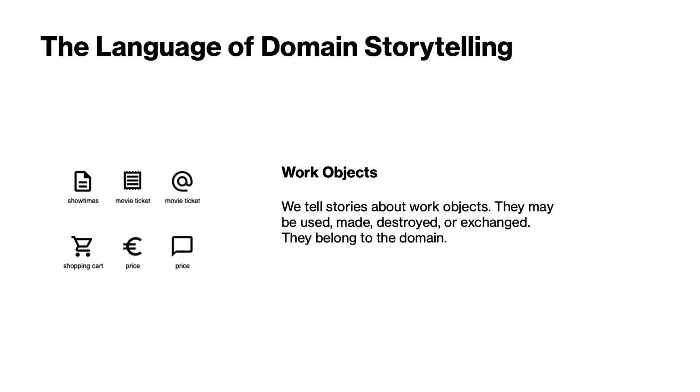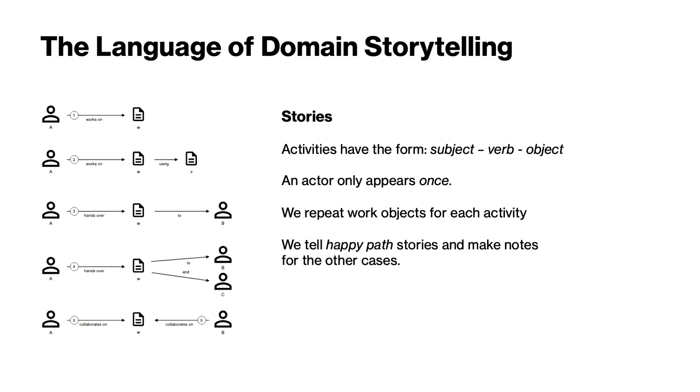Work objects, so you still tell stories about things, right? And they can be used, destroyed, exchanged, and generally they're part of the domain, right? But the idea is also, to be clear here, that you are acting upon those objects, right? And so these activities are things you do to objects. Generally, you put an actor on a diagram once, but you may repeat work objects between activities just to keep your diagram clearer and simpler, right?